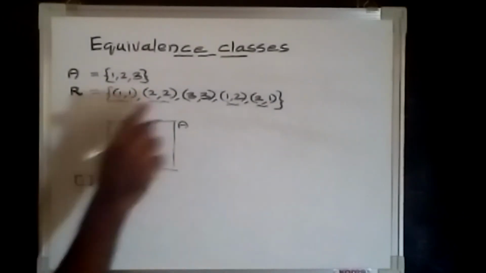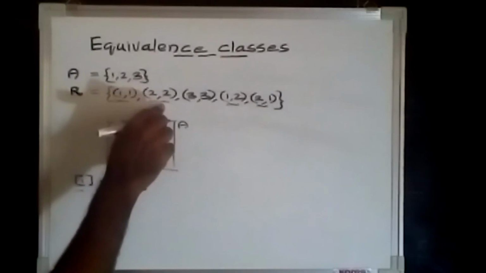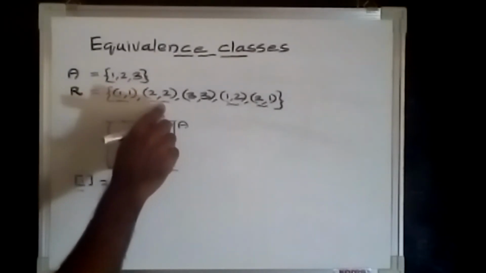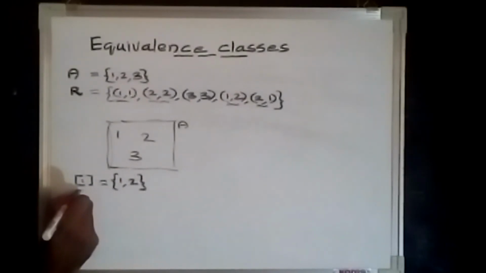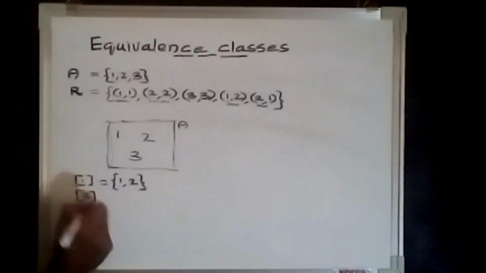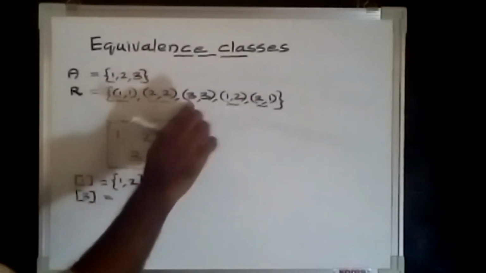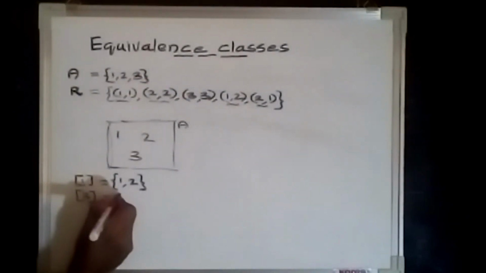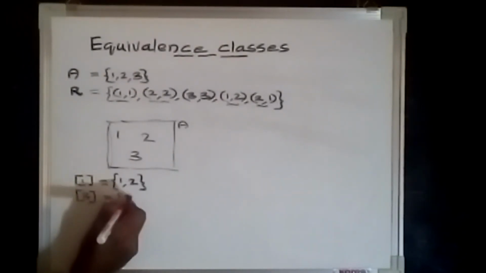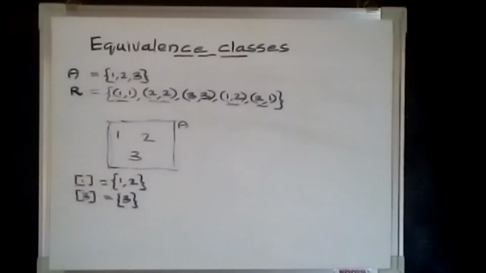We need not write equivalence class 2, since it contains the same elements, 1 and 2. The next one is equivalence class 3. Class 3 contains only the elements related to 3. 3 is an isolate, related to 3 only. Therefore, class 3 equals the singleton set {3}.